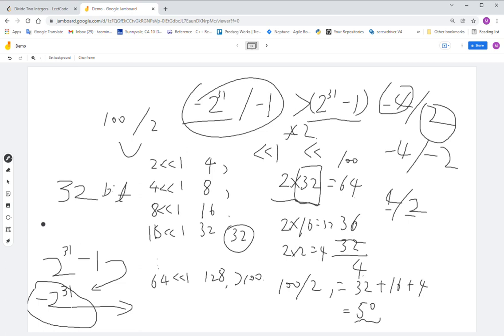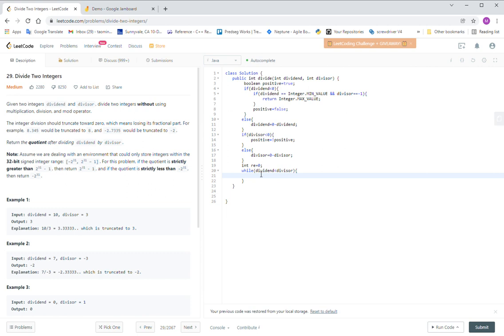If some value is very huge, for example, 2 power 31 minus 2, if you let this value left moving 1 position, actually the value will go out, more than 32 bit max value.